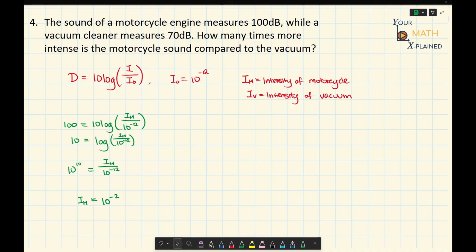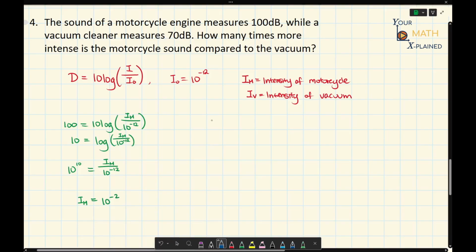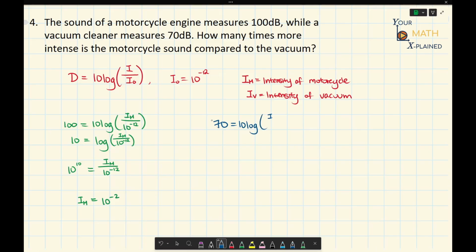Now let's do the same thing and solve for I sub V. The decibel level of a vacuum cleaner is 70, and that is equal to 10 times log of I sub V over 10 to the negative 12. Dividing both sides by 10 gives us 7 is equal to log of I sub V over 10 to the negative 12.